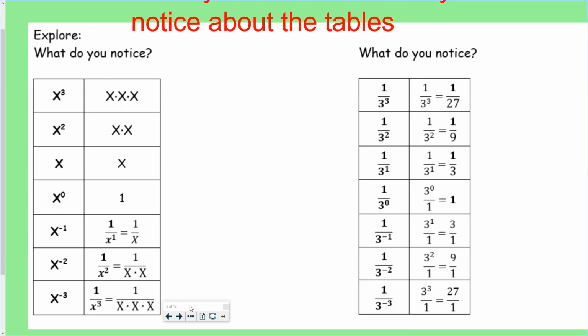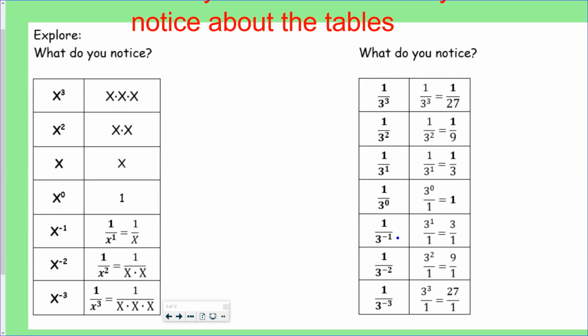X to the negative 3 has 3 x's on the bottom. However, when I go over to the other table here, 1 over 3 squared, 3 to the third power, that gives me 1 over 27. 1 over 3 squared, 1 over 9. So everything stays the same in the same location as I keep going until I get to 1 over 3 to the negative 1.